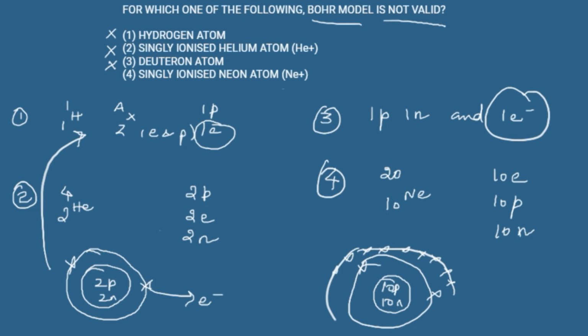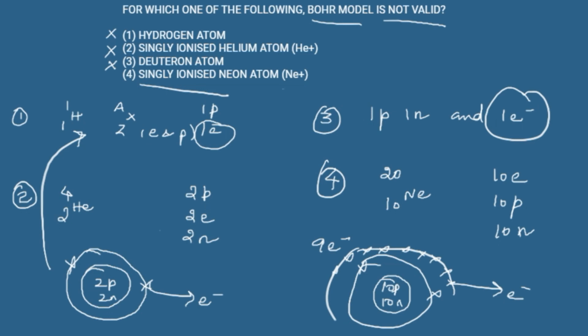Here it is given singly ionized, so I am going to remove one electron. If I remove one electron, the remaining 9 electrons are surrounding the neon nucleus. So what happened in this case? This 9 electron system cannot be explained by the Bohr model.